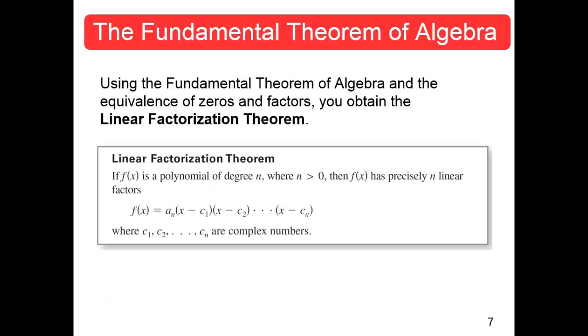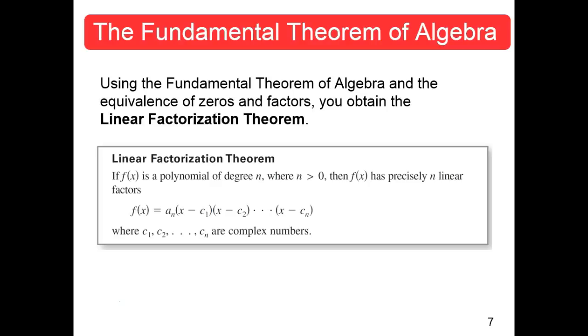And f of x may have some coefficient in front, a sub n, that may be particular to that one. But then you have x minus c1 times x minus c2 times x minus c3, all the way up to x minus c sub n. You have n of these factors. Now, why do they call them c's? They're complex numbers. Yes, they're constants, you're right, but not just any old constants.